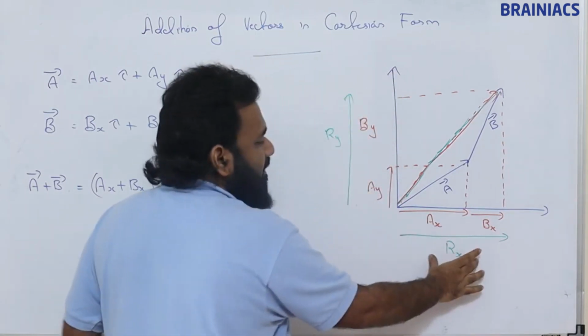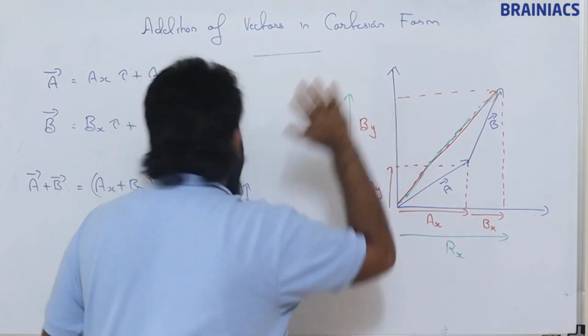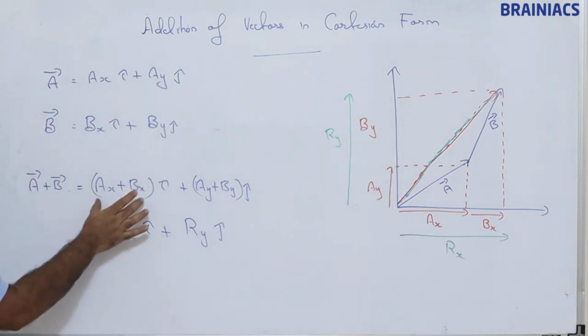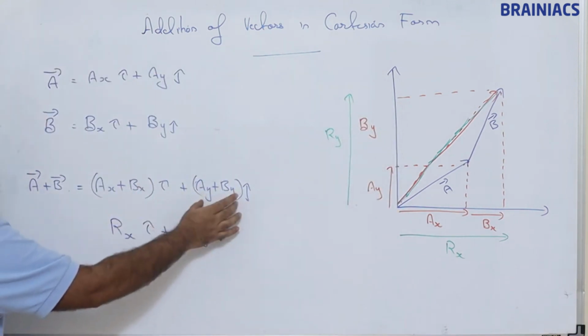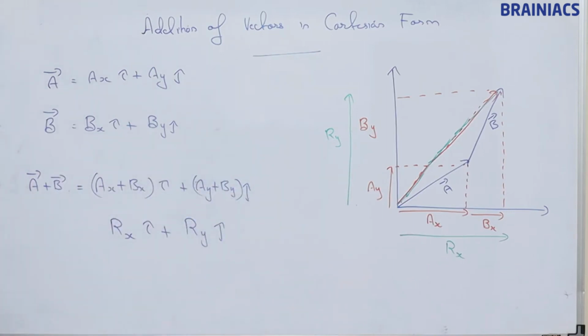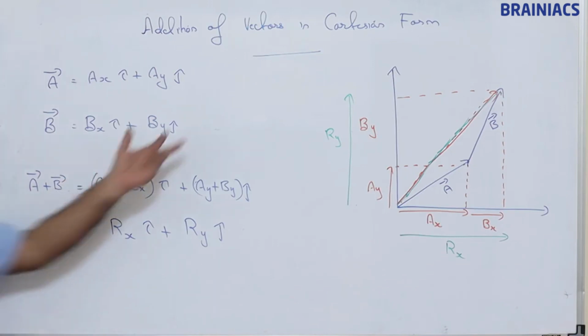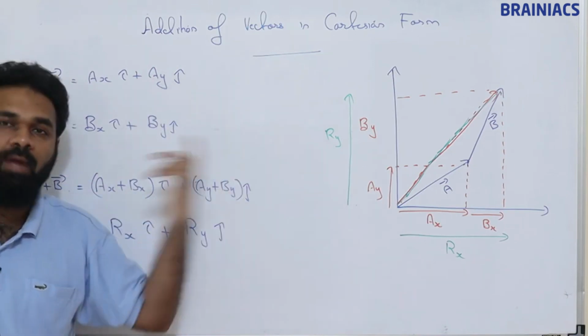So rx is nothing but ax plus bx, ry is nothing but ay plus by. So ax plus bx in the i direction, ay plus by in the j direction. We can add two vectors in this way. If a third component, the z component, is there, we just add it like this.